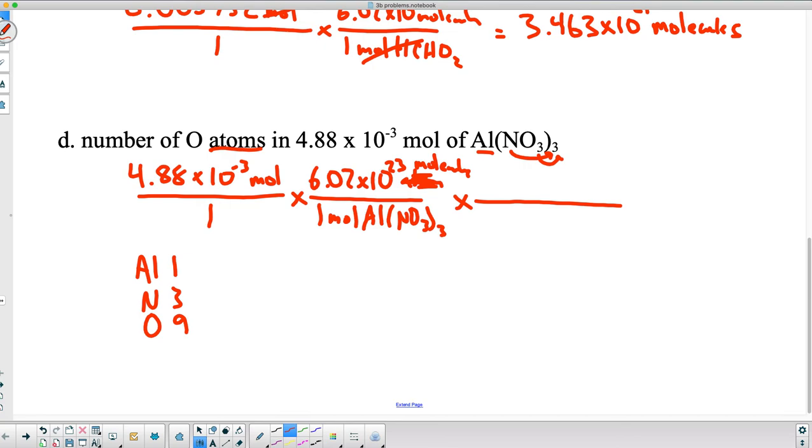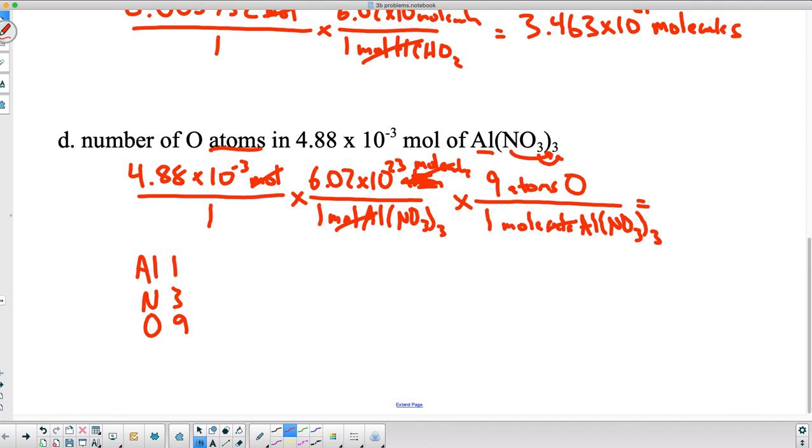Okay, so that means that for 1 molecule of Al(NO3)3, I get 9 atoms of oxygen. And that's my last conversion, and that's pretty simple. So here I have molecules canceling with molecules. I have moles canceling with moles, like that. So I just multiply all the way across.